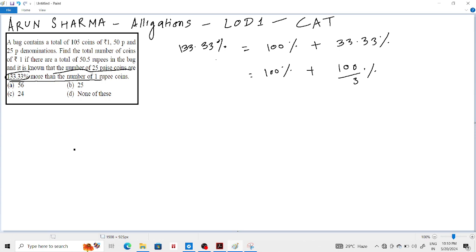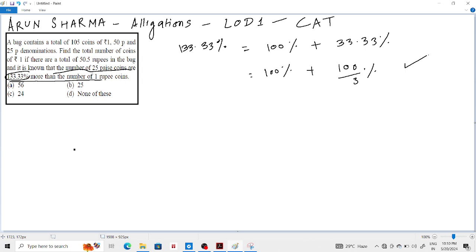So 133.33% can be broken as 100% plus 100 by 3%. We are going to use this concept in finding out the number of coins. This is one concept that we have to remember, that is breaking this intimidating 133.33% into two easy pieces.